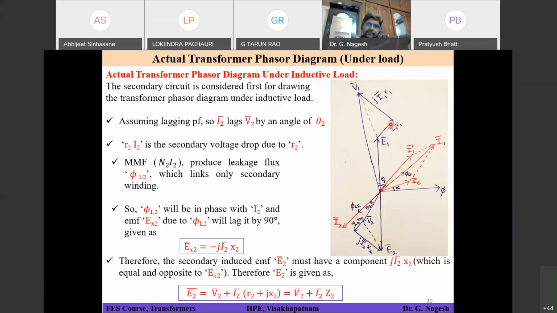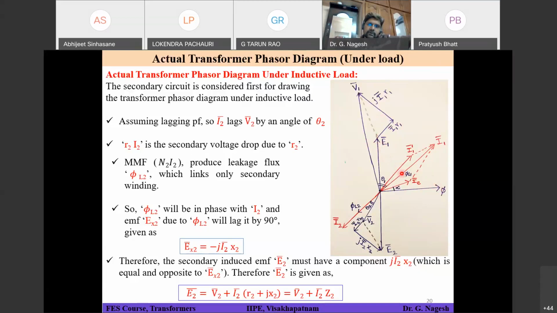The next term is leakage flux phi L1, which comes into the picture because some amount of flux closes its circuit by flowing through the air and it is linking only the primary winding. The voltage generated because of this leakage flux will be 90 degrees leading, just as E1 leads phi by 90 degrees.